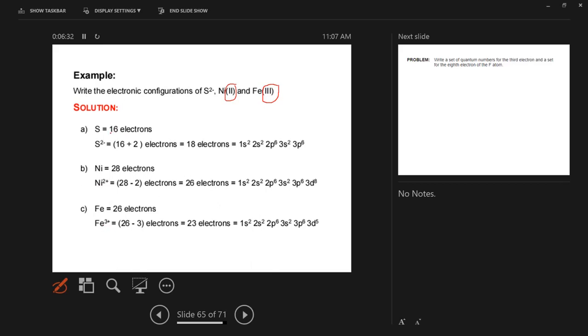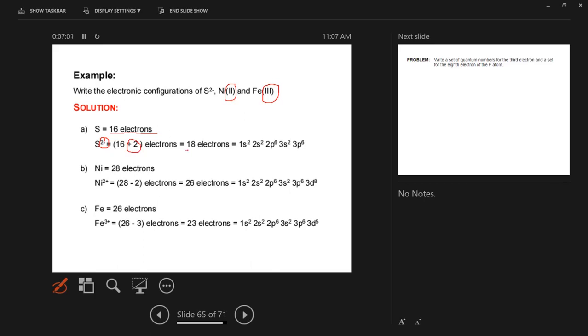So here is the atomic number for sulfur. When the atom gains electrons, the charge will be negative. When the atom loses electrons, the charge will be positive. So in this case, it gains 2 electrons, so that's why you need to add 2.